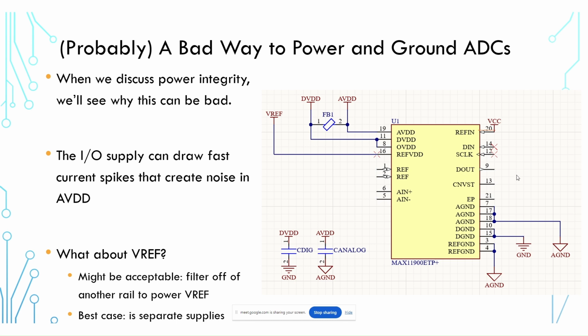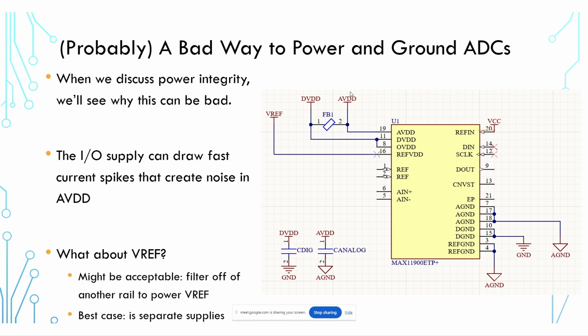Now, when we do that, the digital supply needs to start drawing power, and it draws it in spikes of current. So what happens with those current spikes? Well, those current spikes could actually generate voltage fluctuation at the analog supply. And then that can create some inaccuracy in the analog reading.